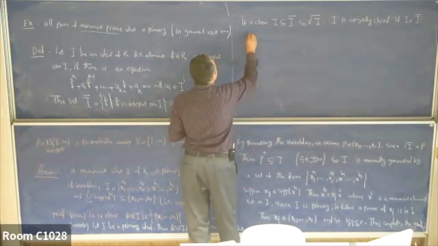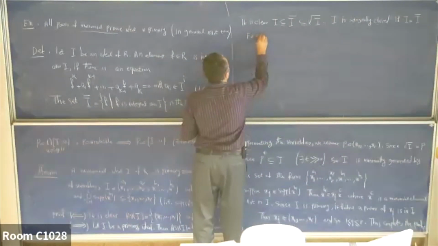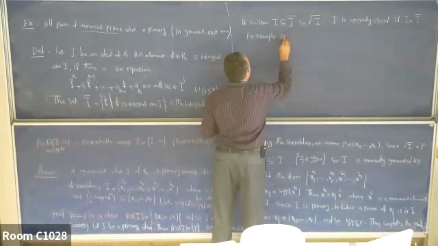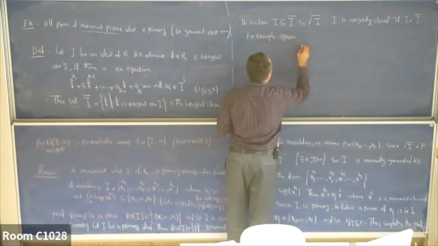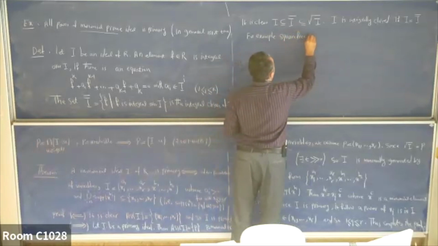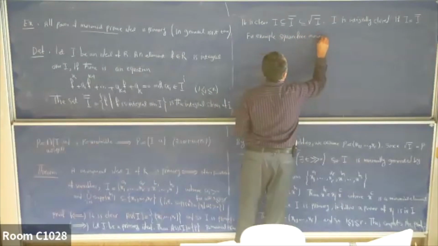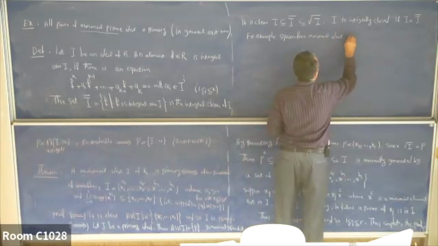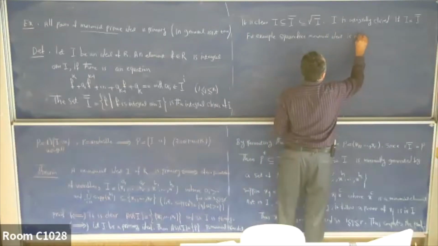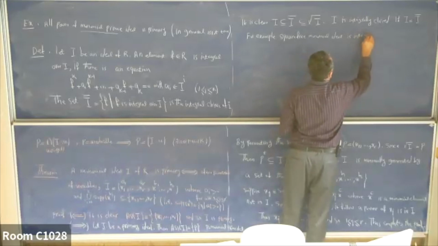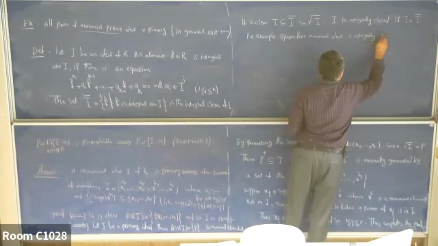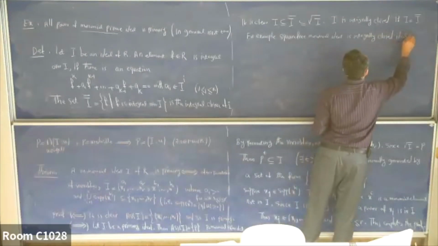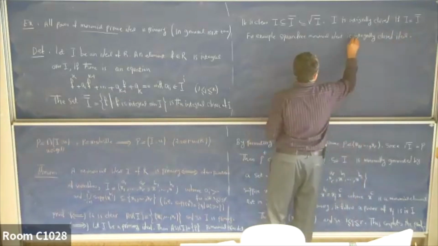For example, a square free monomial ideal is integrally closed.